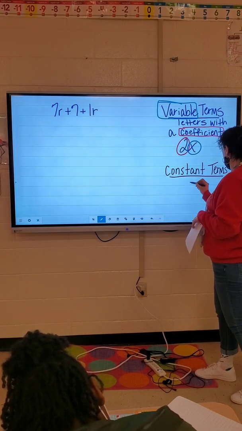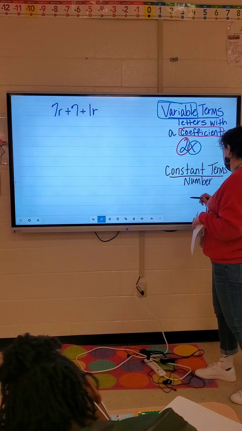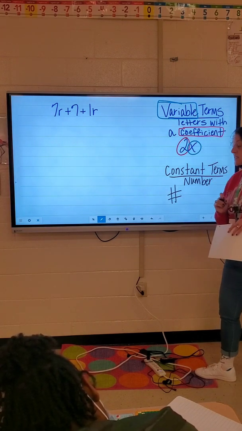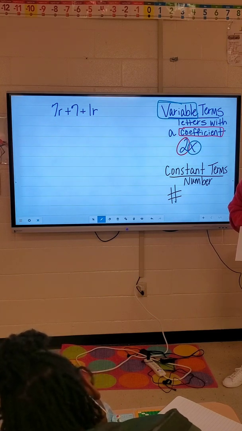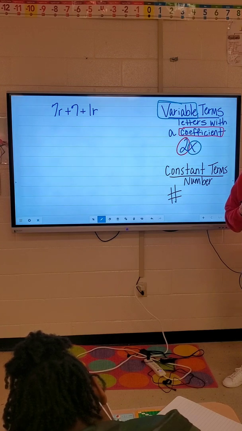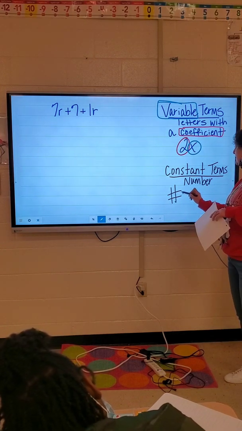And constant terms are a number. Several years ago, I used this. Do y'all know that that right there is not just a hashtag, but it's also the symbol for number? So I did that one day, and one of my students said, hey, that's hashtag constant. So we started doing this.